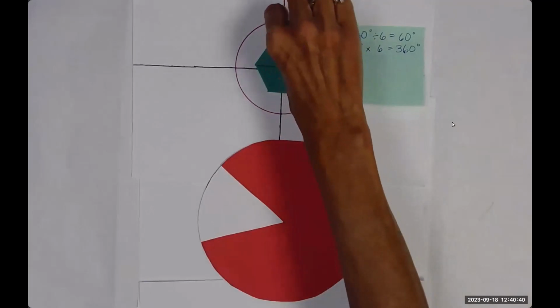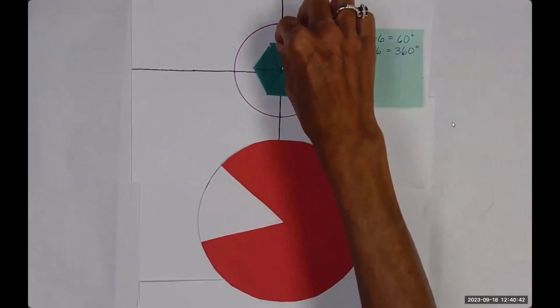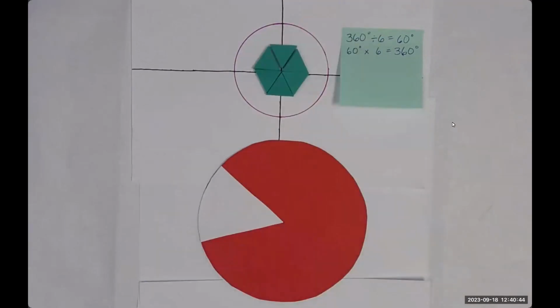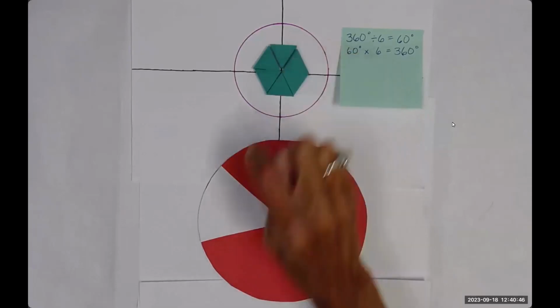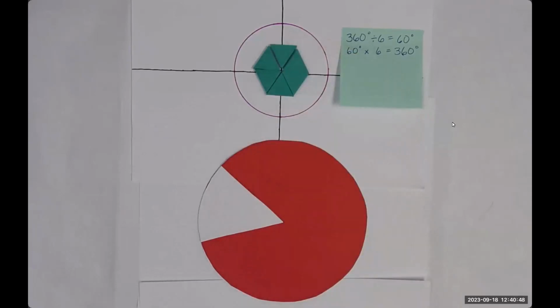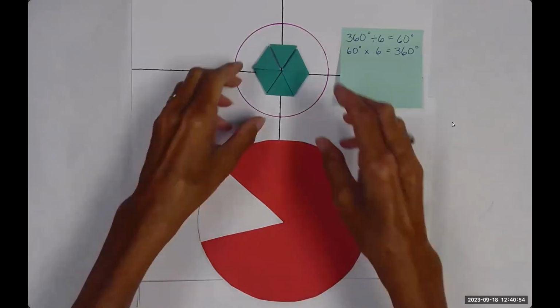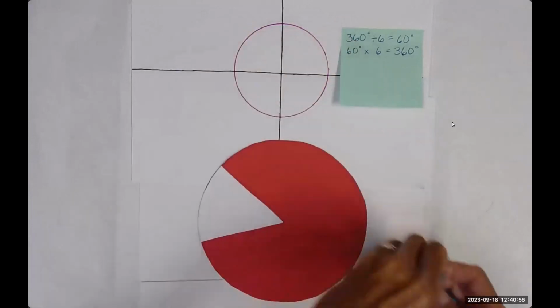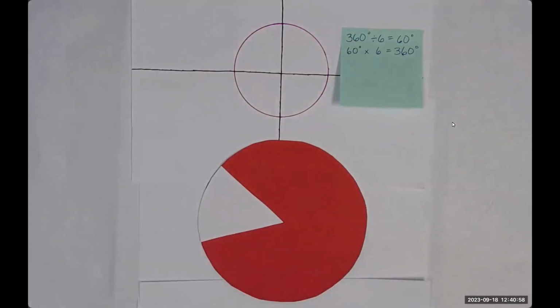So I know that this angle here in the center of the circle is 60 degrees. And 6 60-degree angles, or 6 times 60, is equal to 360. Okay. Now, as students explore with these pattern blocks, they'll begin to think about benchmark angles and just the relative size of these angles.